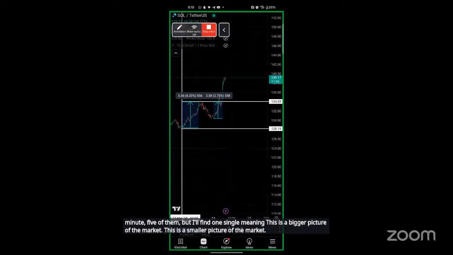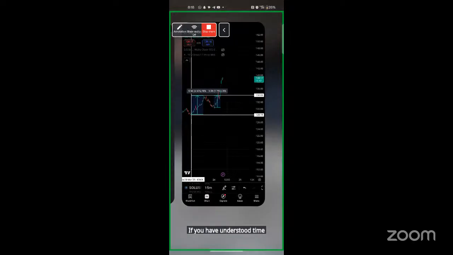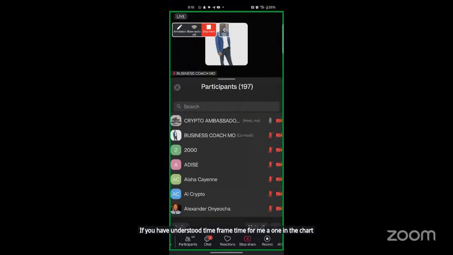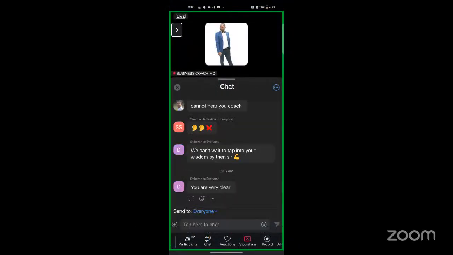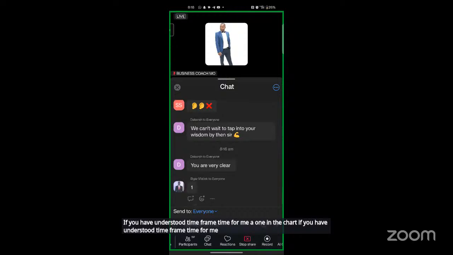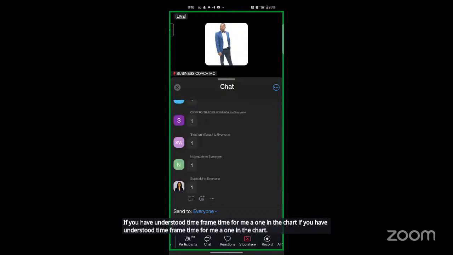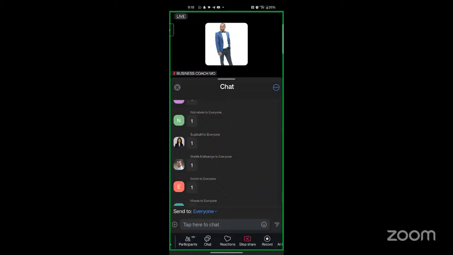If you have understood time frame, type for me a 1 in the chat. And so you have a personal choice to choose a time frame that resonates with your personality.